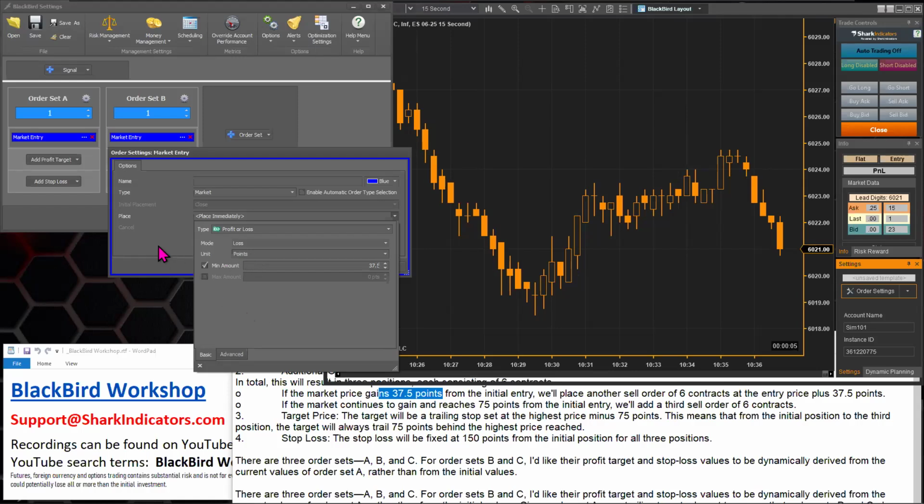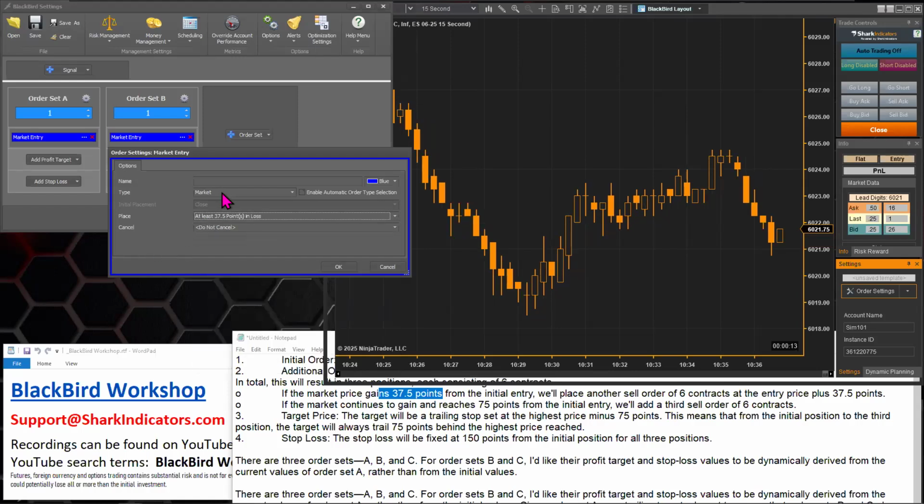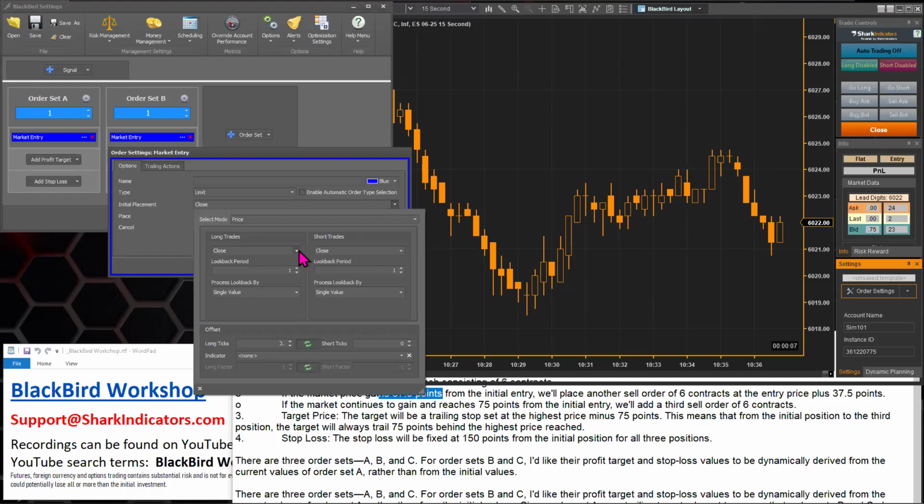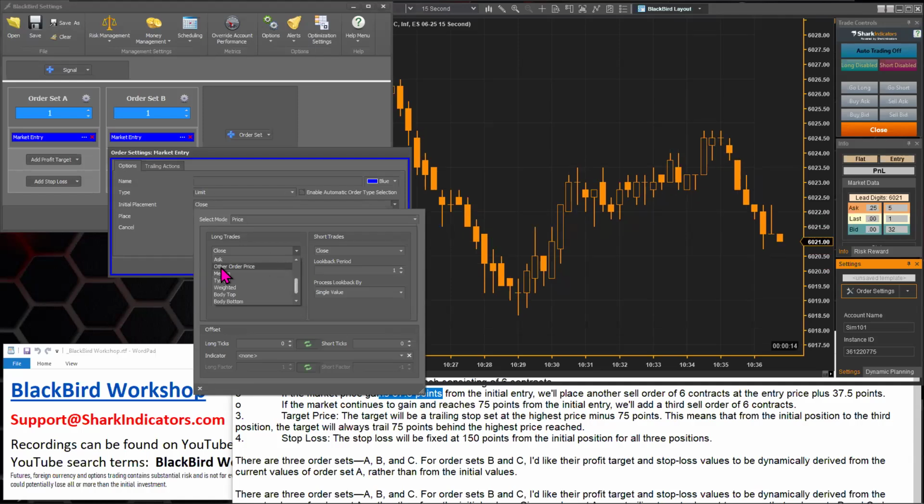Actually, let's see here. Actually, we could set this as a limit order. And let's see. Well, I'm hesitant to use the other order prices because it's not fully fleshed out.